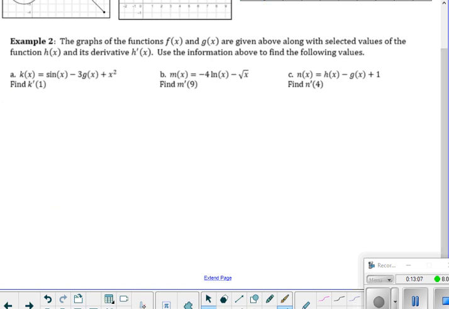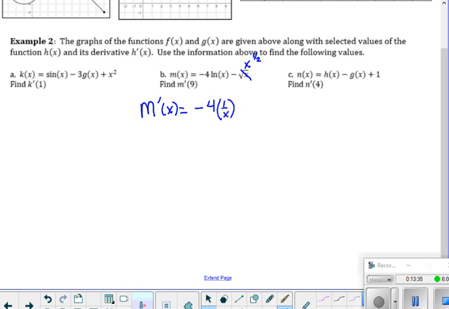All right, next. M of x equals negative 4 natural log x minus square root of x, and then it says find m prime. Let's go after the general derivative first. I'm going to replace the square root with x to the 1/2. Okay, so m prime of x. What's the rule for natural log? 1 over x. So I'm going to have negative 4 times 1 over x, which I could have written as negative 4 over x.